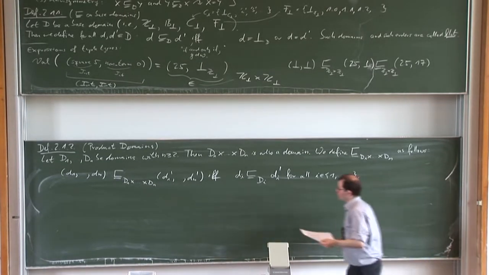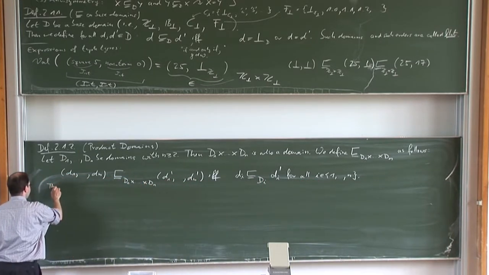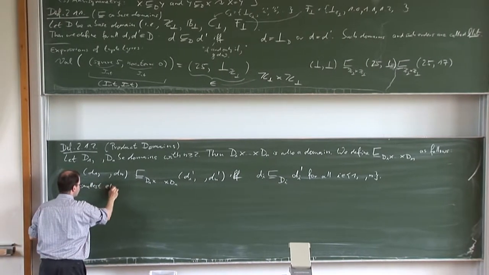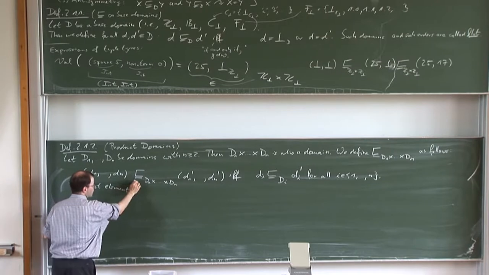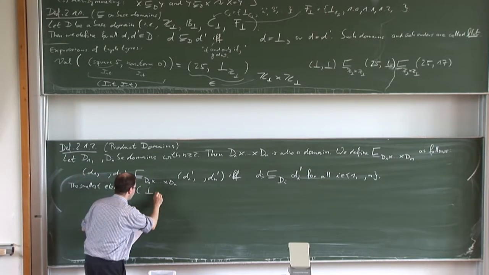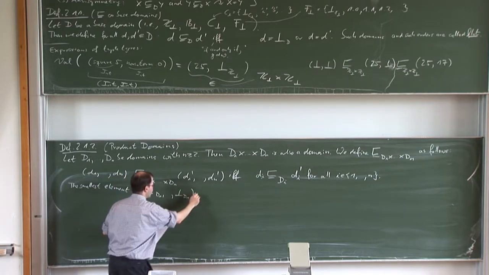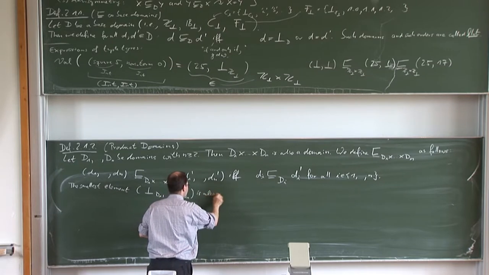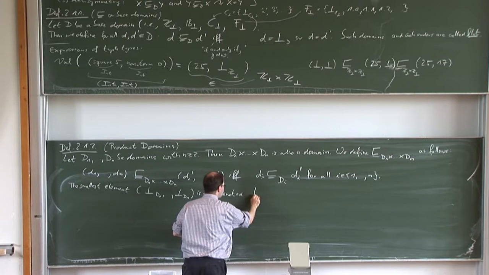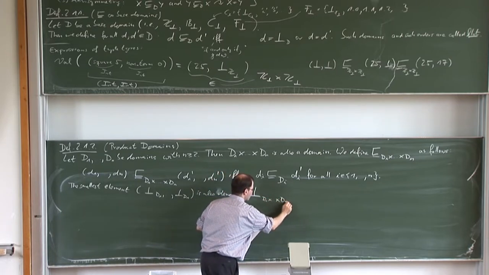And, well, if we define it like that, then it's clear how the smallest element looks like. So the smallest element with respect to this relation is therefore the tuple where everything is undefined. So it's bottom d1, bottom d2, until bottom dn. And we also denote it as the bottom element of this new domain d1 cross dn.